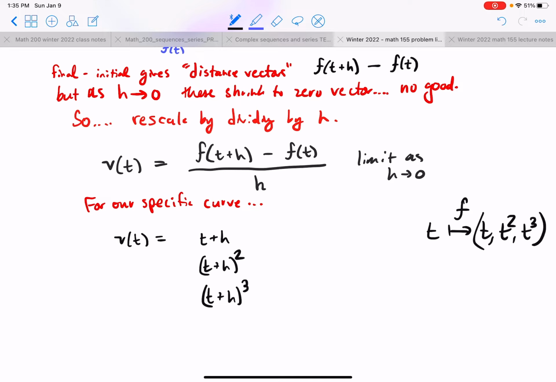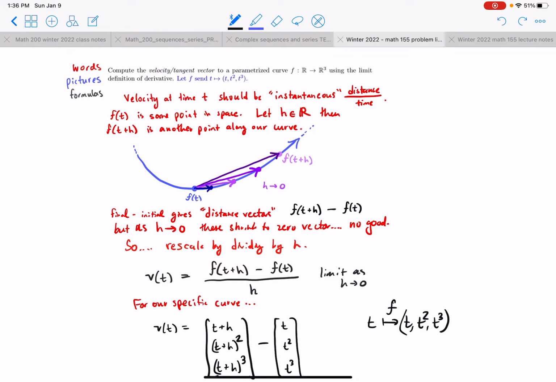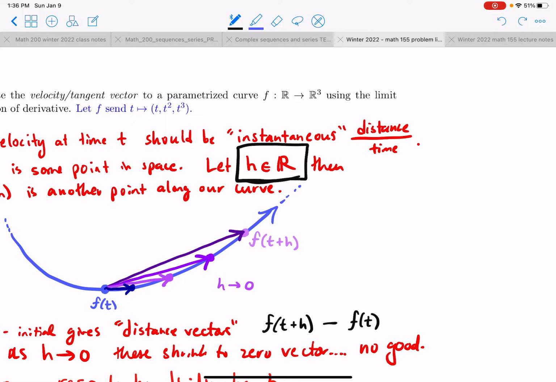So here we have t plus h to the third. And then what's f of t? Well, that's just this. So now we do, these are vectors, t, t squared, t to the third. And I just plugged in. These are vectors. Now, h is a real number. Remember, I told you that. I specifically told you what the symbol h is. You can call it by a different name.